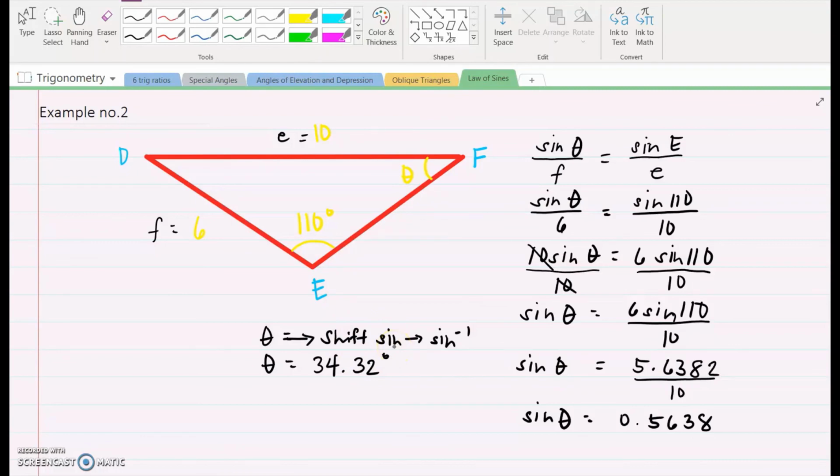Or in degrees, minutes, seconds, you just press the ms function, that will be 34 degrees 19 minutes, or to the nearest multiple of 10 minutes, 20 minutes. So that is your angle theta or angle F.